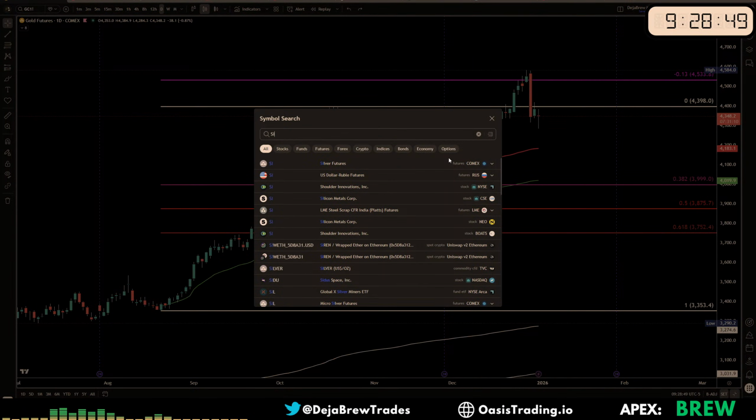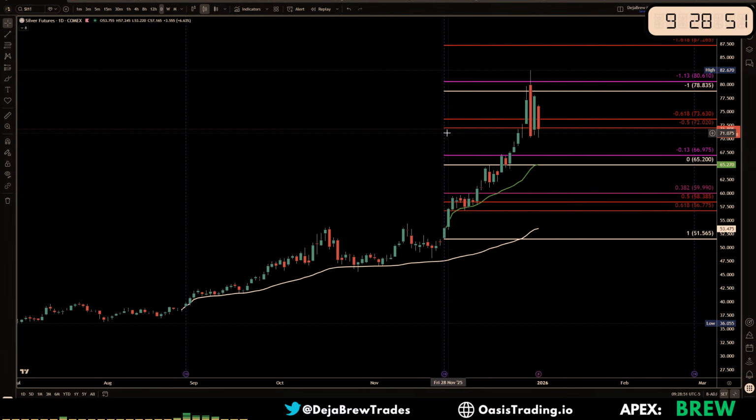Now this is mostly because of the brokers expanding the margin requirements for metal trades. So anybody that has metal trades on most major brokers has to have more money in their account to protect those trades.